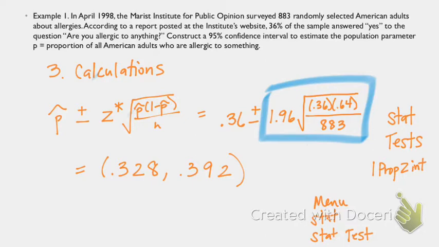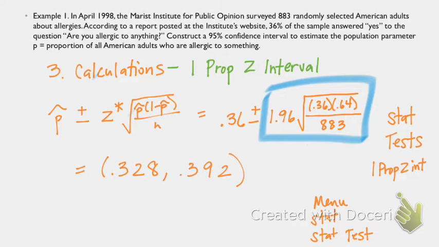So next to the word calculations, I want you to write 1-prop Z interval, because that is the name of the type of test we're doing. Because we have one sample, we're doing proportions, and we're doing an interval. So that's the technical name of the test.